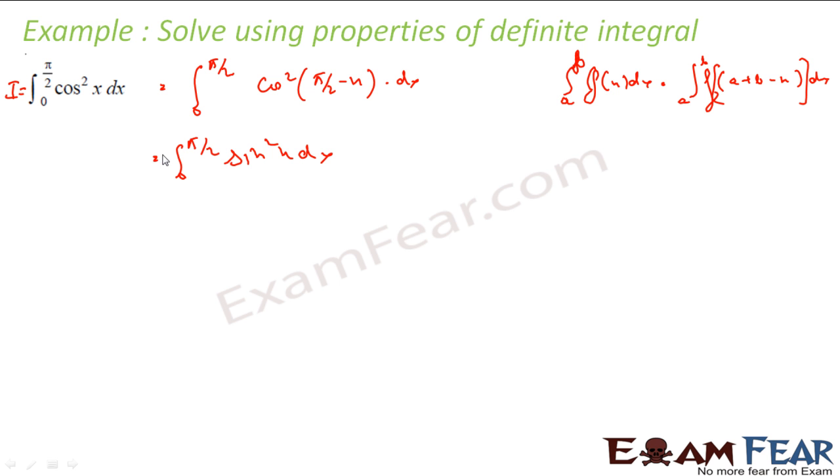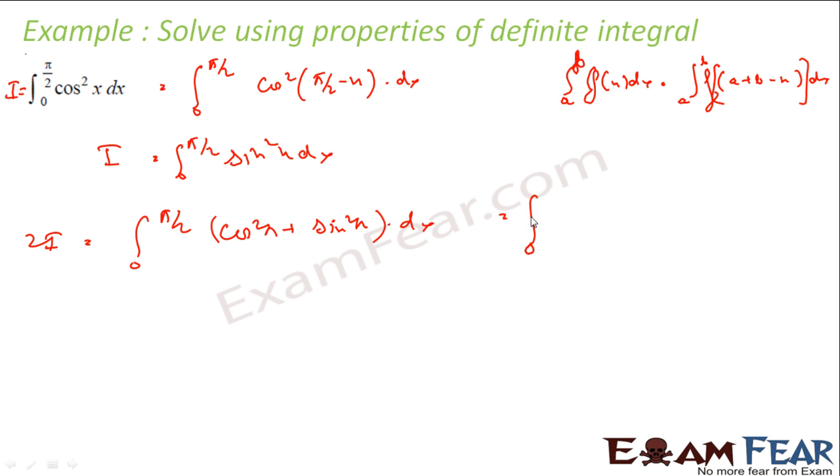So I is equal to the integral of cos square x dx, and I is equal to the integral of sin square x dx. If you add both, I get 2I is nothing but integral 0 to pi by 2 of cos square x plus sin square x dx, and that is nothing but integral 0 to pi by 2 of 1 dx, correct?